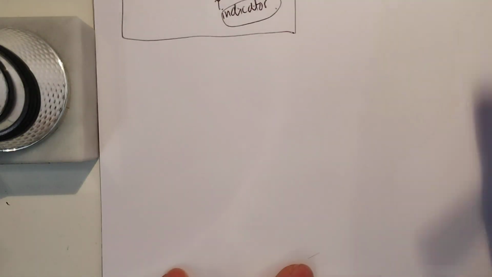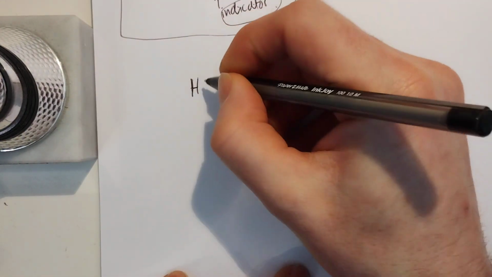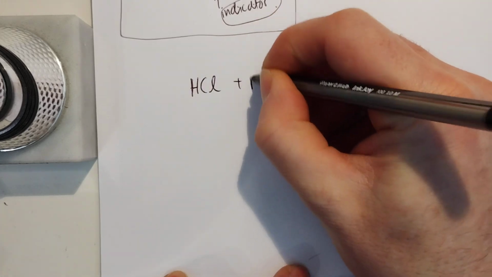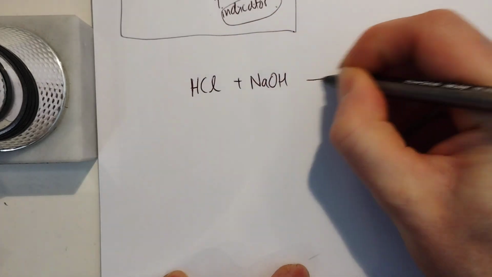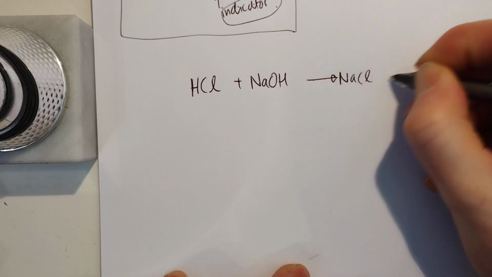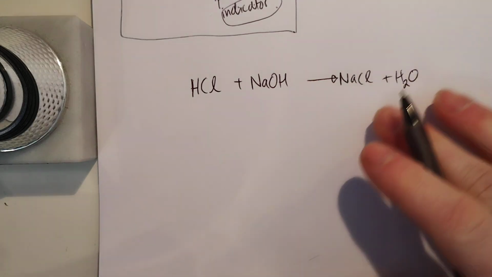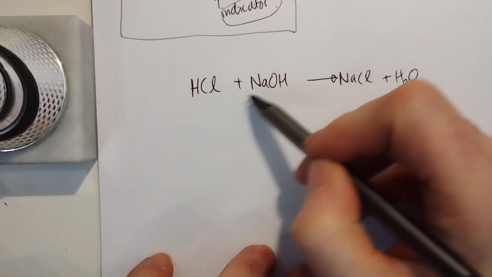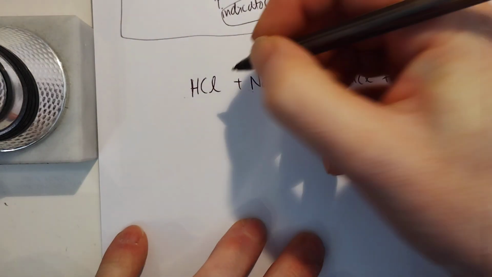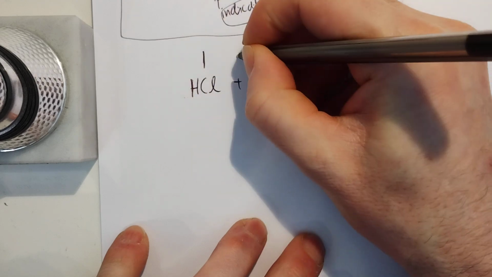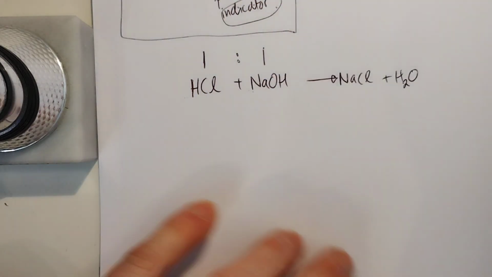The next thing to know then, I'm going to just draw up an equation, same one as before. We're going to have hydrochloric acid and sodium hydroxide, and they're going to make sodium chloride plus water. This is a simple equation. There are no big numbers in front of these chemicals, so what this tells me is one of these reacts with one of these.